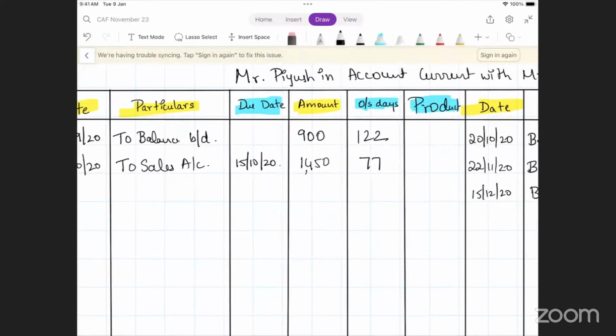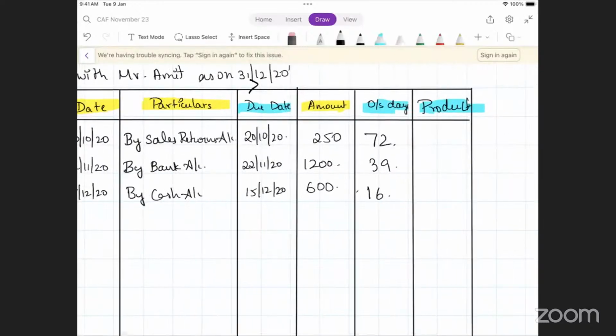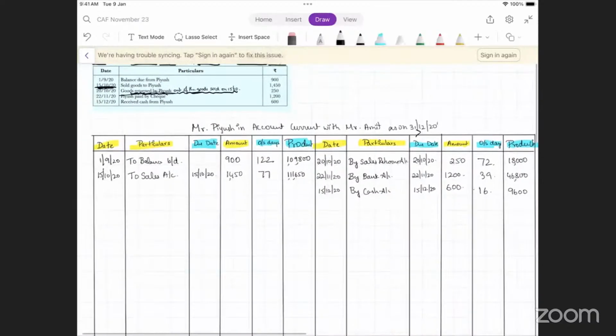Product is nothing but amount into outstanding days. 900 into 122. 77 into 1450. Over. Product has been calculated.